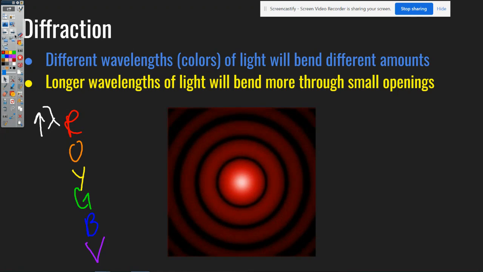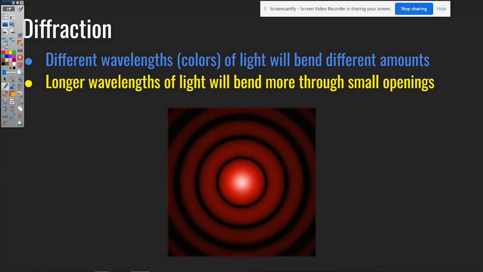In real life, we can use diffraction. There are things called diffraction grating lenses, which have itty bitty slits in them. They're so small that you can't see them with your eye. But if you hold them up to your eye and look at a light source, you can see a rainbow and different wavelengths of light.